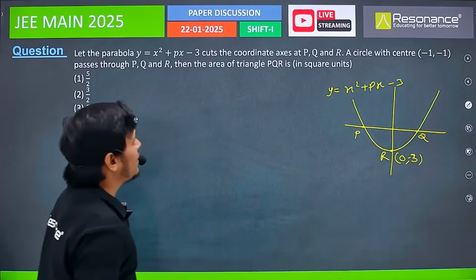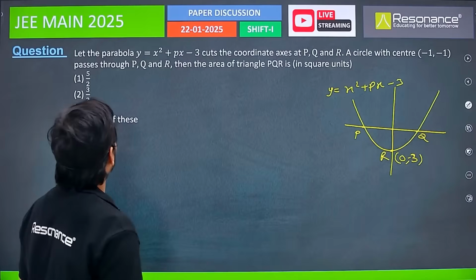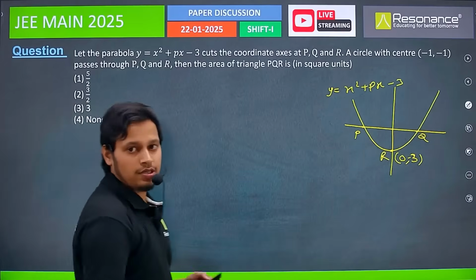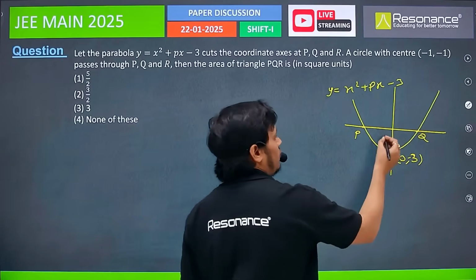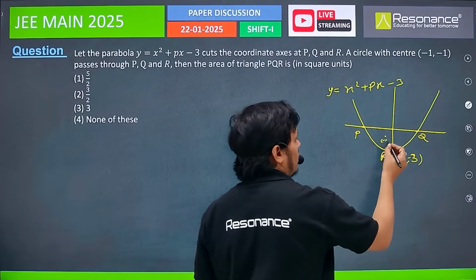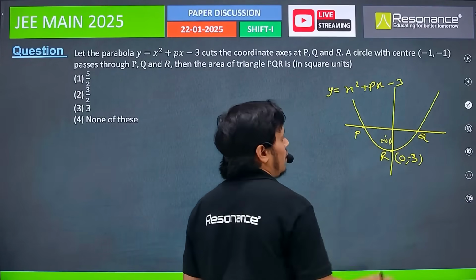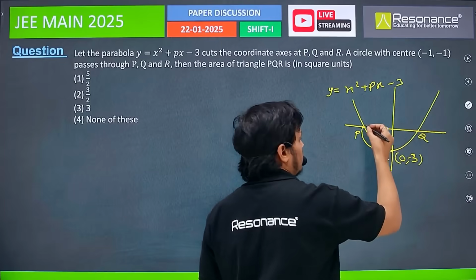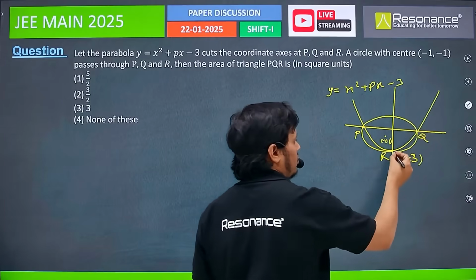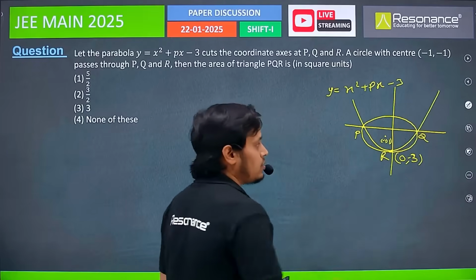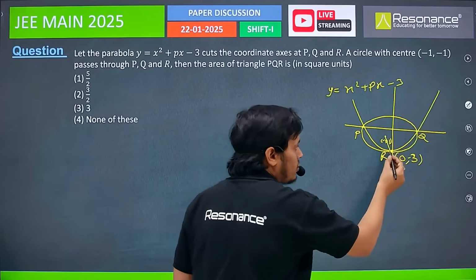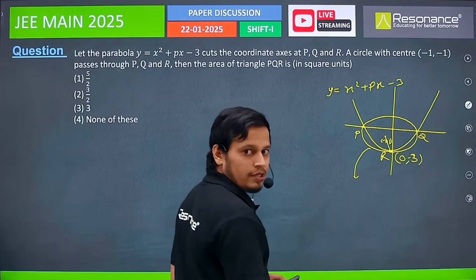Okay, now after that a circle with the center minus 1 comma minus 1, passing through P, Q and R. Suppose this is randomly any circle. Now can I say this distance will be the radius? So at least the equation of the circle we are getting.